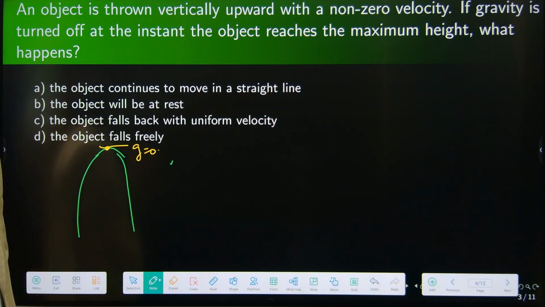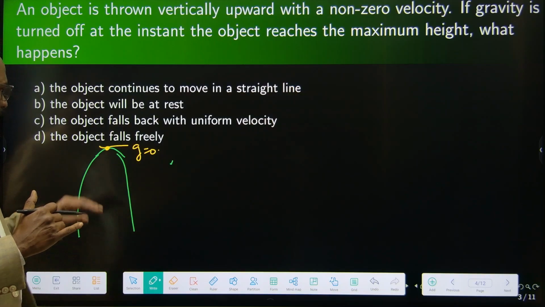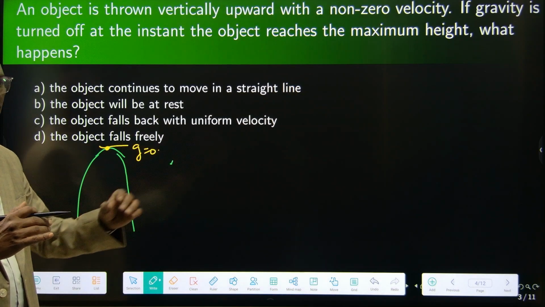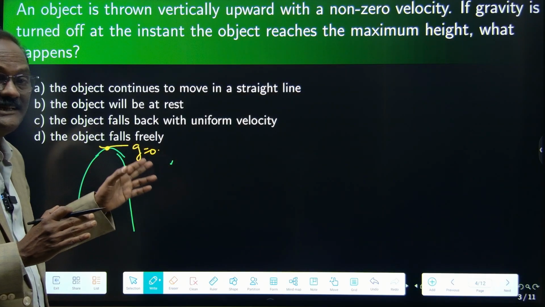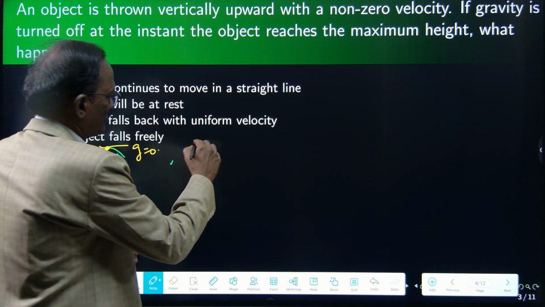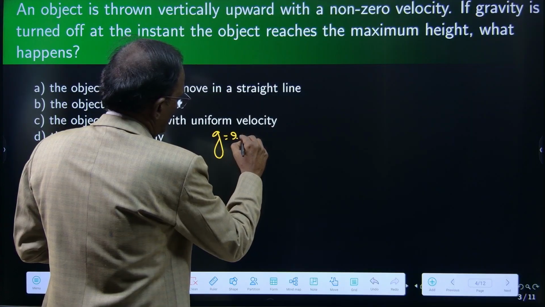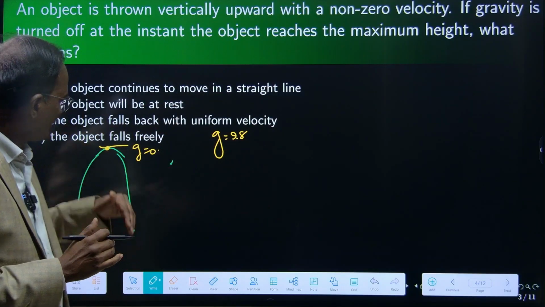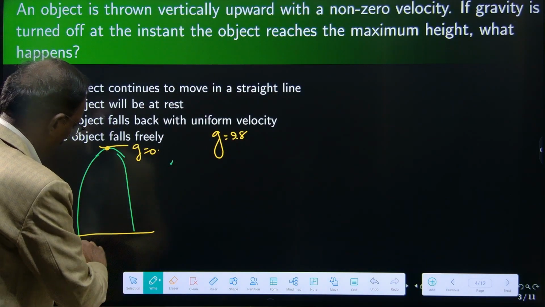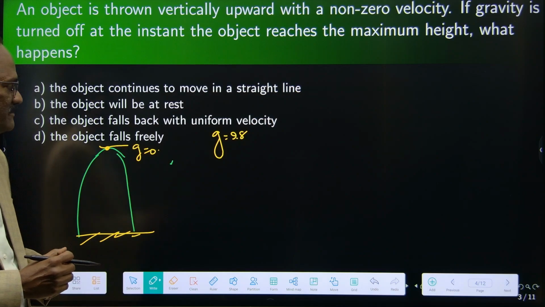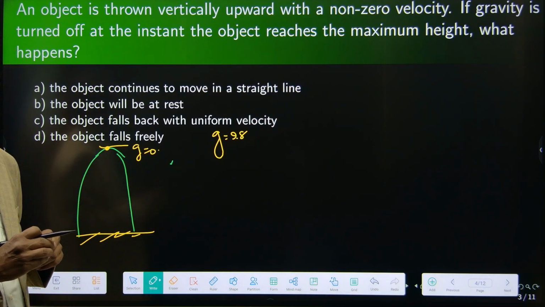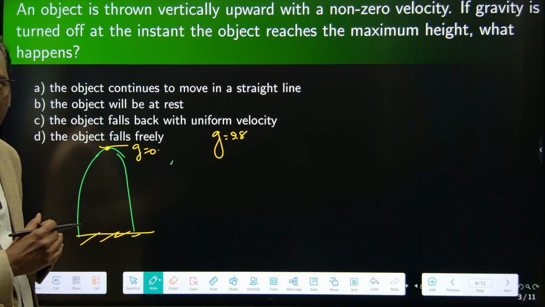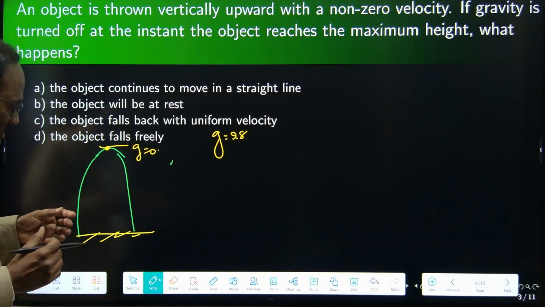After reaching the maximum height, what will the object do? If g is non-zero, that is, if g is 9.81, the object will come down and reach the ground, right? But here, at this place, g is turned off, it is made 0. Let us read the options.